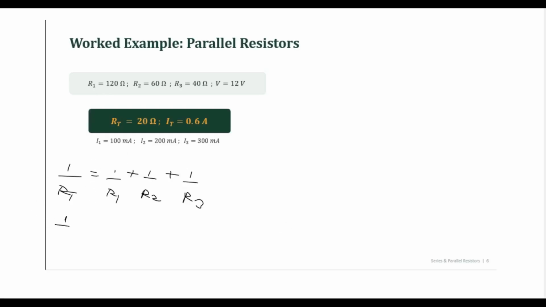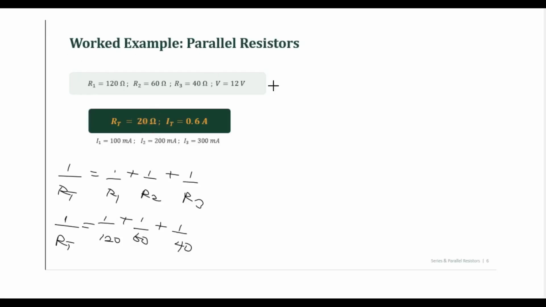So 1 over RT is going to be equal to 1 over 120 plus 1 over 60 plus 1 over 40 plus 1 over 40. So this is simple mathematics. By the time you do that, you're going to have RT as 20 ohms.